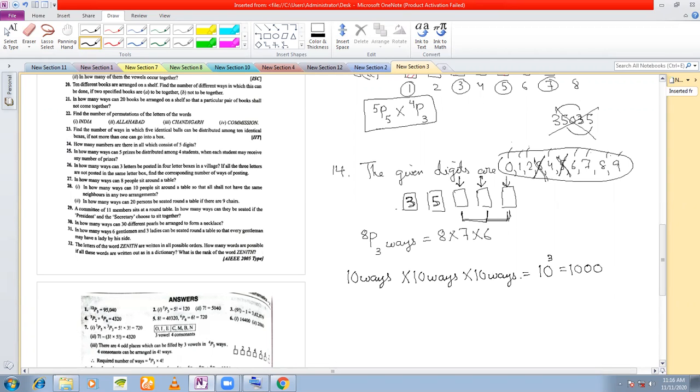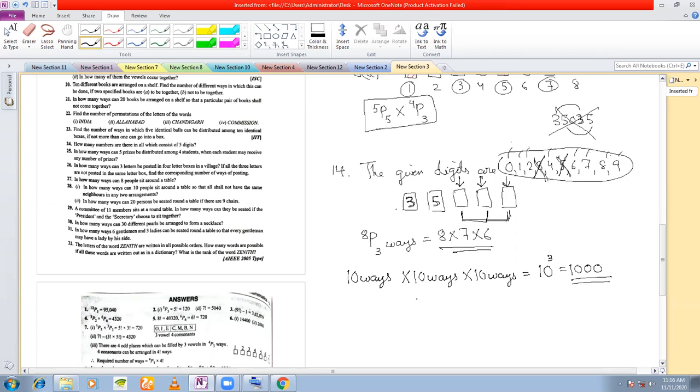See how steadily the number of permutations grew from 8 into 7 into 6 to 1000. So that is why there's a difference between repeated and non-repeated permutation.